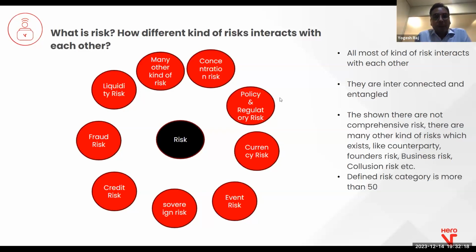Policy and regulatory risk is nothing but, tomorrow, if the country is changing any new policy, or your regulator, in this case RBI or SEBI or any such institution, is changing new policy, because of which probably you are not able to do the business.